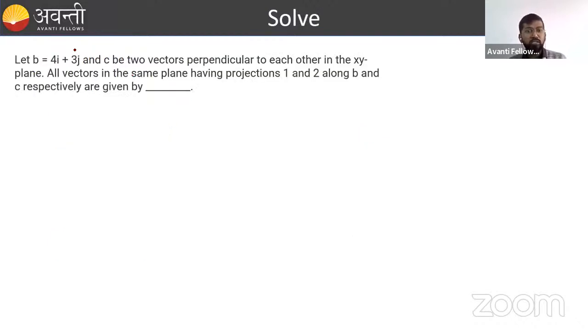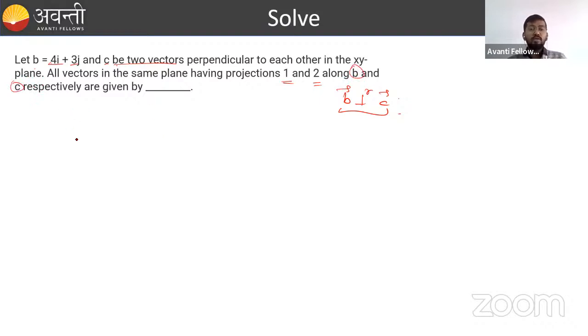Now solving another question. Let's see what is given over here. Let b bar be 4 i cap plus 3 j cap and c bar be two vectors. b bar and c bar are two vectors perpendicular to each other in the XY plane. All vectors in the same plane have projections 1 and 2 along b bar and c bar respectively.